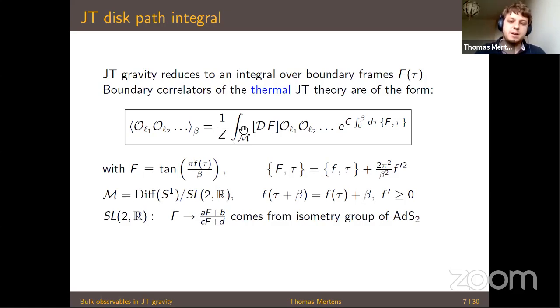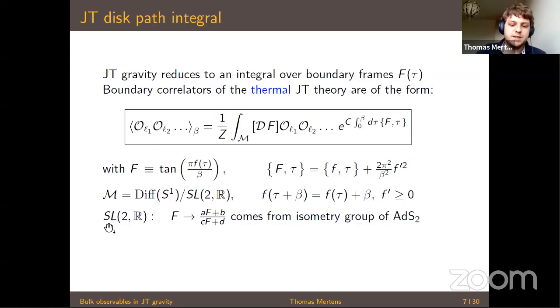Now, the integration manifold that we want to integrate over is Diff S1 mod SL2R. Diff S1 means that the small f is just reparametrizing a circle. So the small f satisfies these two properties to be a proper reparametrization of the circle. If you go once around the proper time circle, you should go once around the f time coordinate circle, and it should always have a positive derivative. So that's what the Diff S1 means.